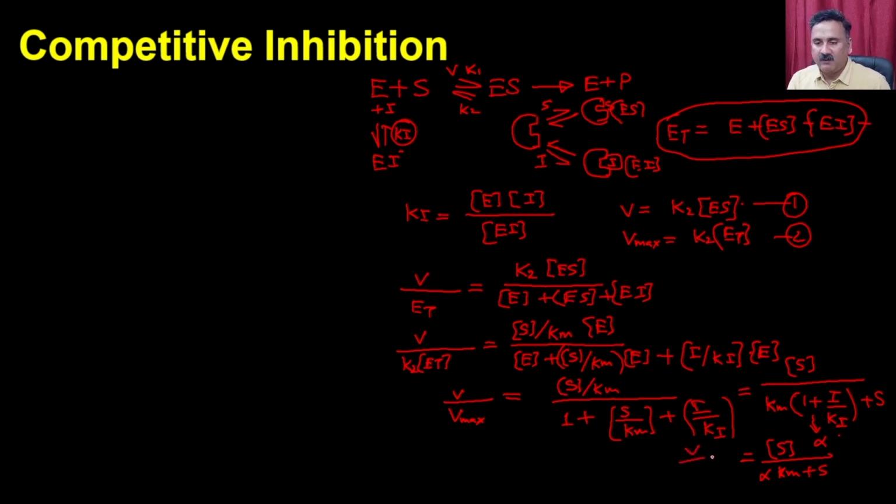So V by Vmax is equal to S by alpha Km plus S, and alpha is equal to 1 plus I by Ki.